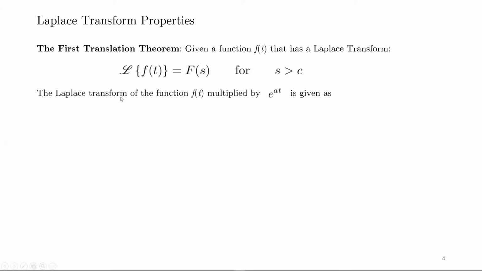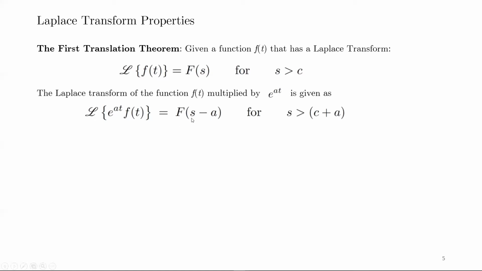The Laplace transform of this function f of t multiplied by this exponential of e to the at. So now we're not taking the Laplace transform of f of t, we're taking the Laplace transform of the product f of t times this exponential. So that is given as the Laplace transform of e to the at times f of t is equal to this function F of s minus a.